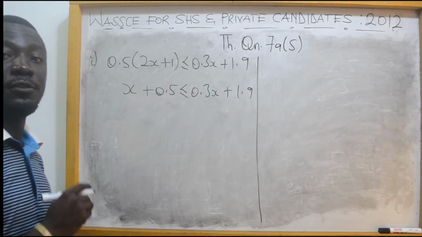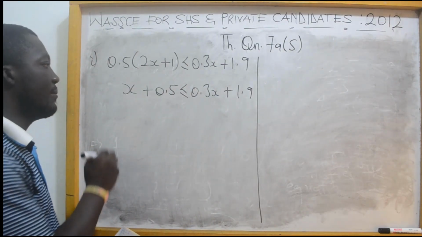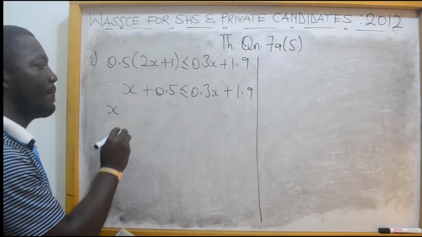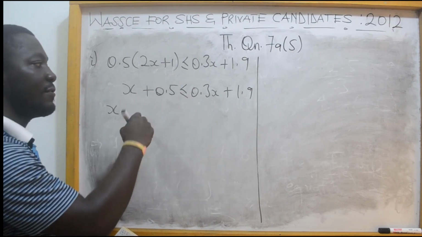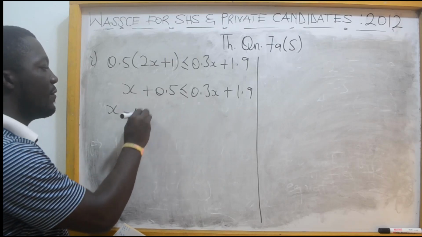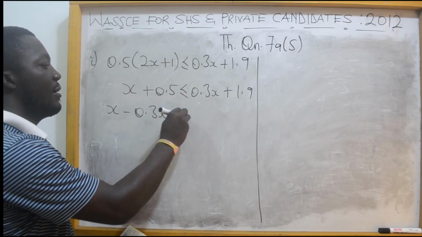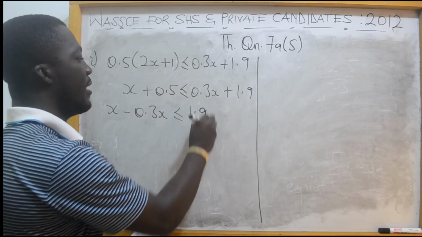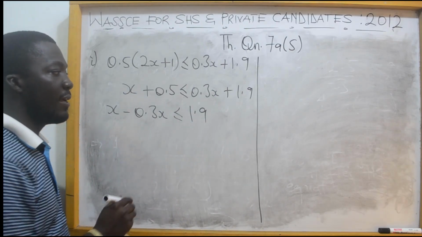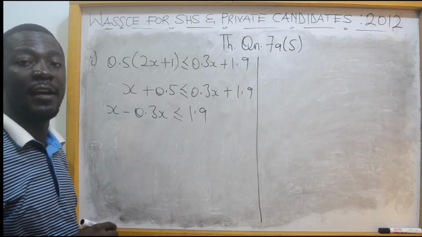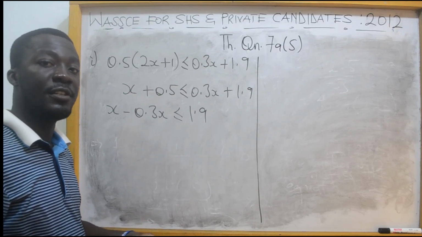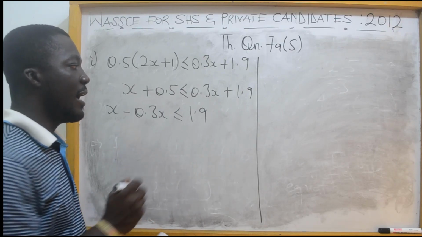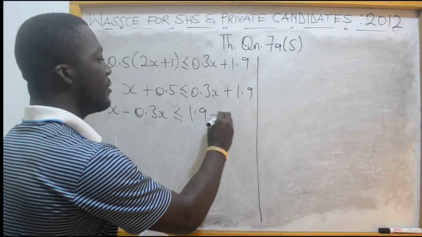The next thing we are going to do here is to group like terms. So we have x here, then this one to the left side will be negative 0.3x less or equal to, we already have 1.9 here, we have 0.5 at the left hand side. So when transposed to the right hand side, it becomes negative 0.5.